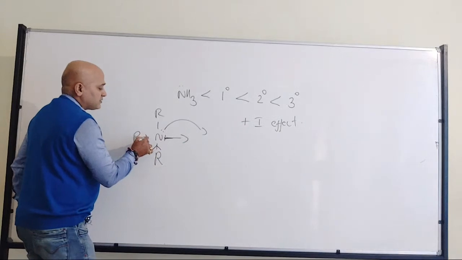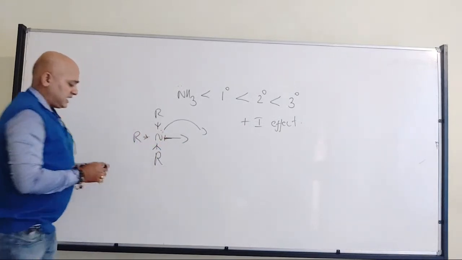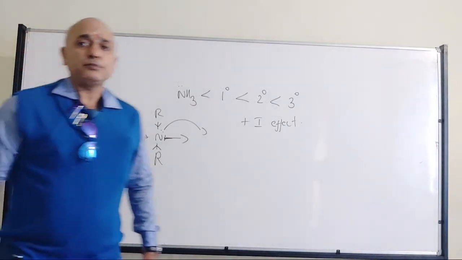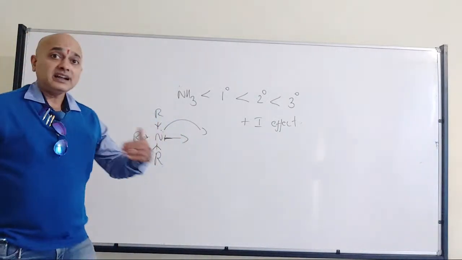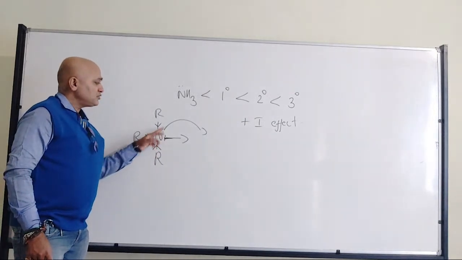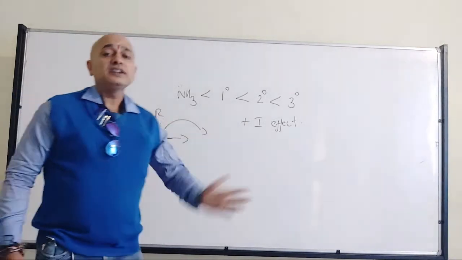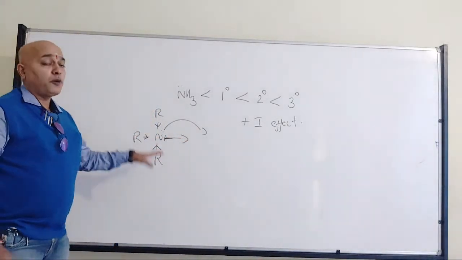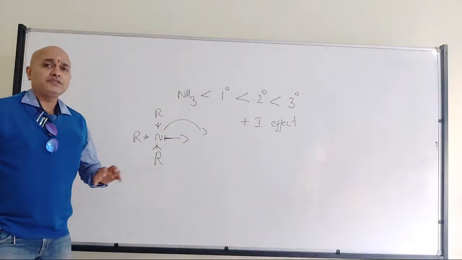That is because of the positive inductive effect of the alkyl groups, which push the electron towards the nitrogen. So this lone pair of electrons can be easily donated. That's where tertiary amines dominate when it comes to Lewis base character.